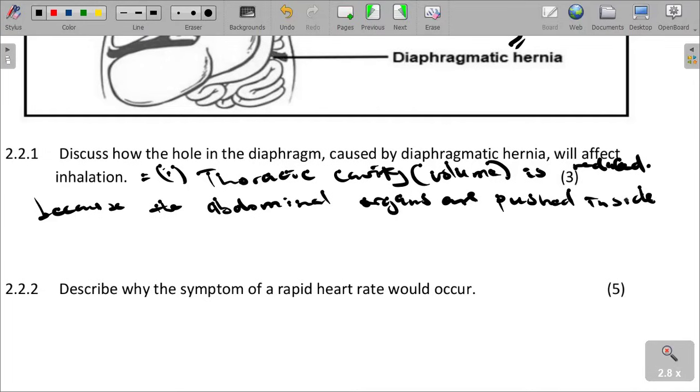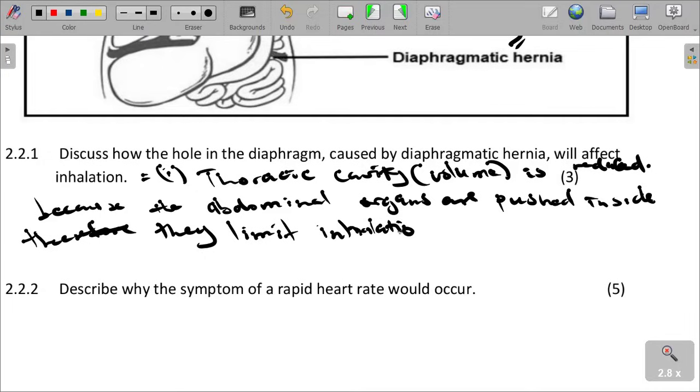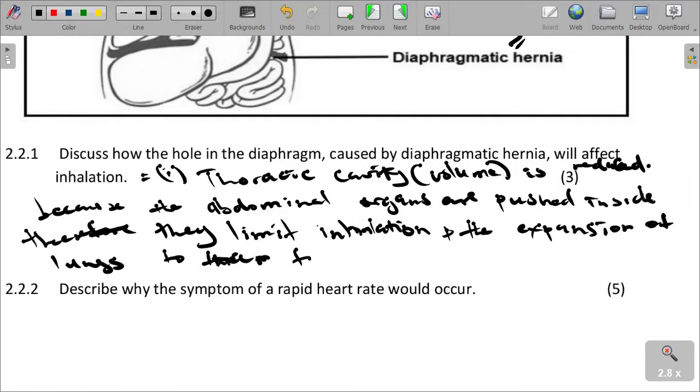They are pushed inside and they limit inhalation, and the expansion of the lungs to their fullest size. The lungs cannot expand to their fullest size.